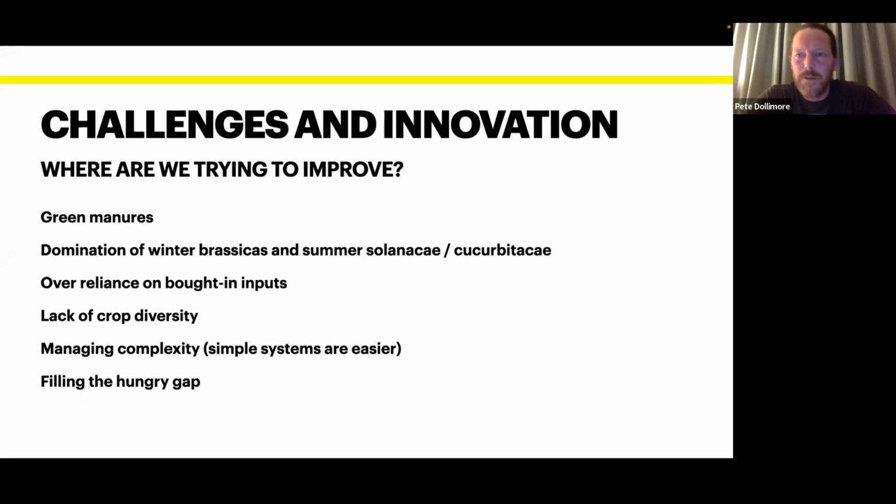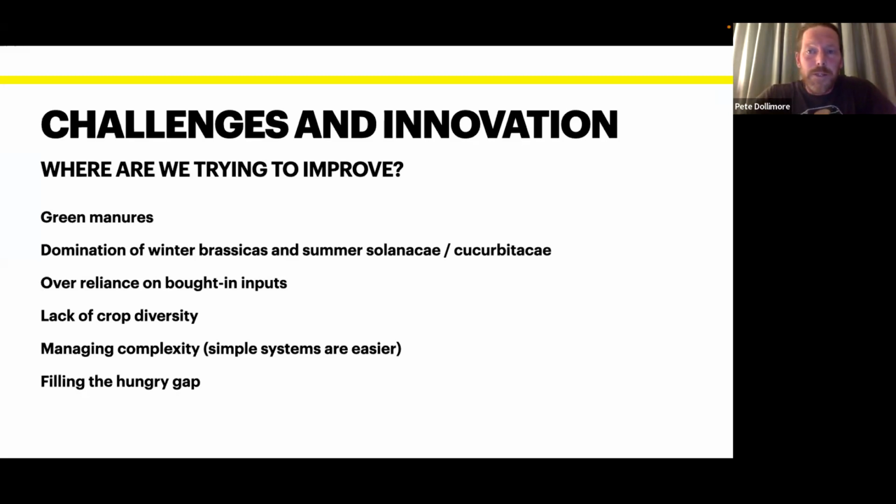And then I think filling the hungry gap, especially as we move into more food insecurity, climate change. We really need to get cropping year round. We need to be feeding people, and protected cropping's going to be the way we're going to have to do it.